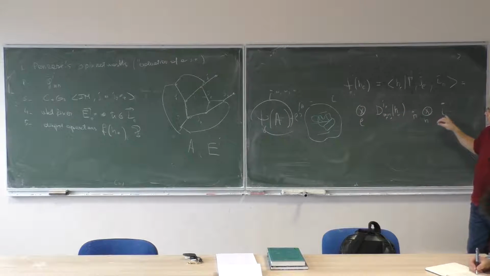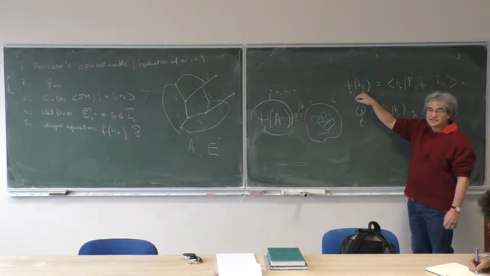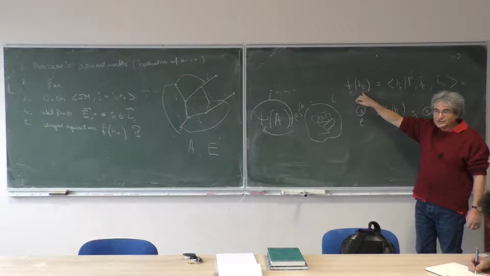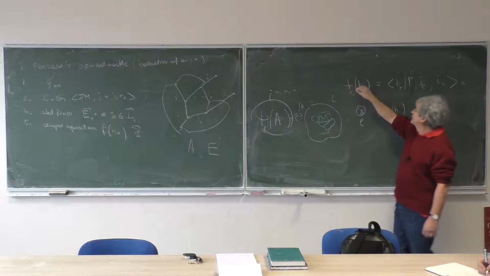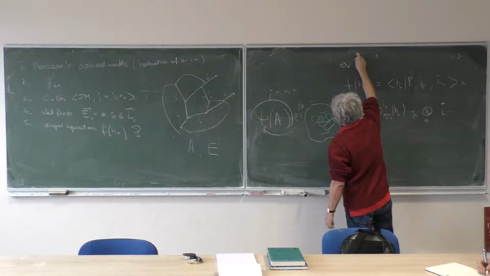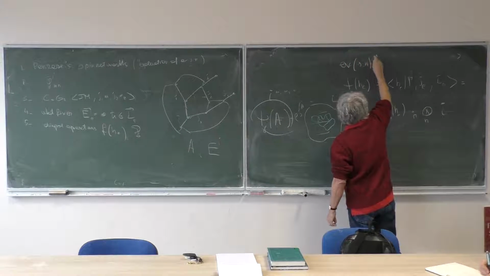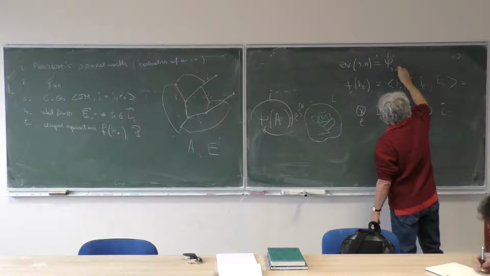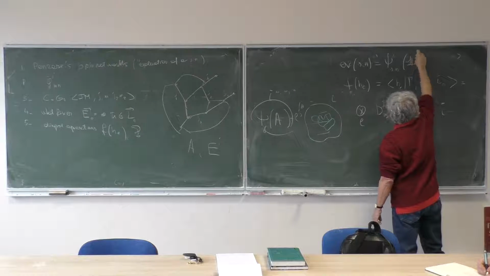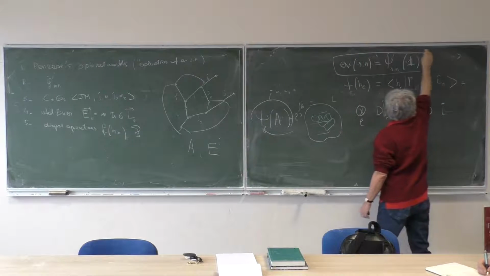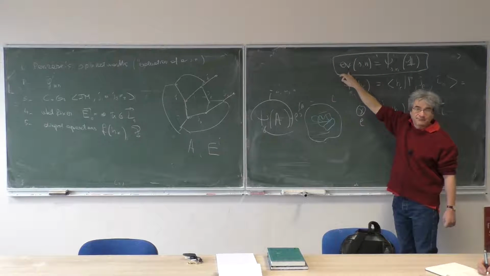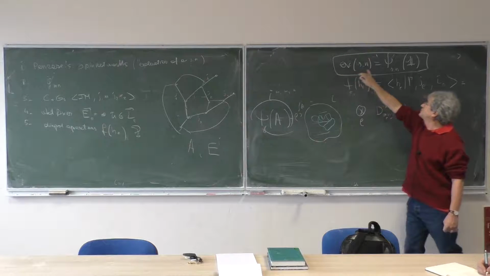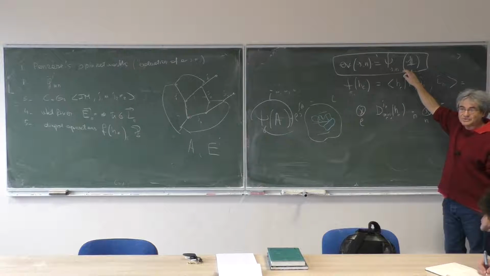The value of the state on the identity is the Penrose spin network evaluation. So what is called evaluation of a spin network is the quantum gravity state of the spin network computed in the identity. That's a relation between Penrose evaluation of a spin network and the loop quantum gravity spin network states.